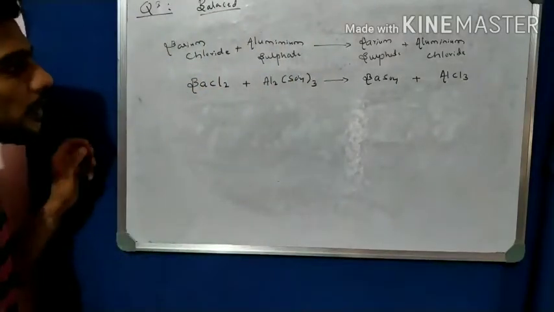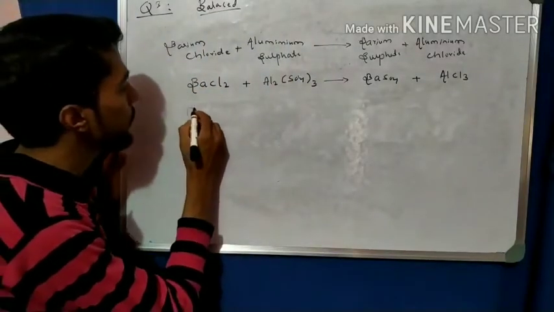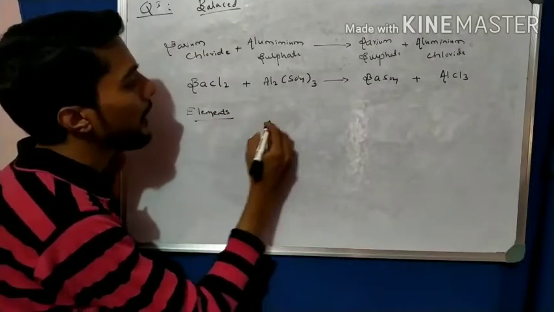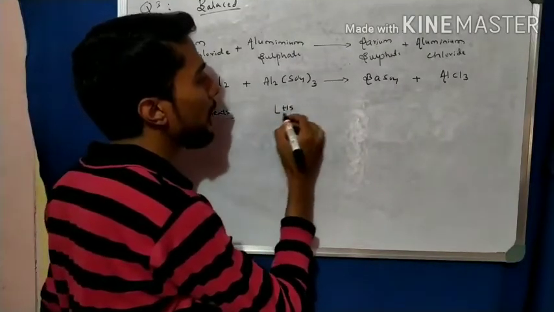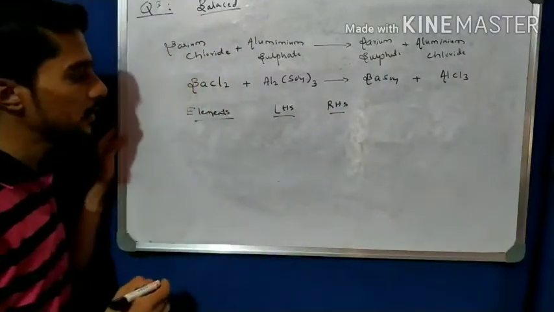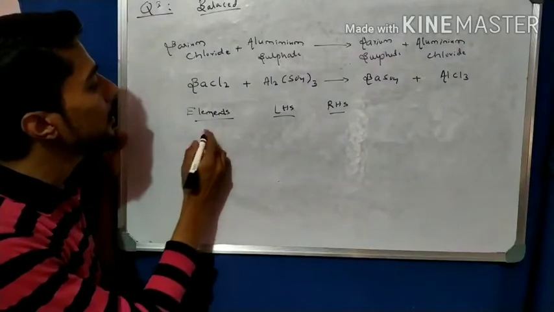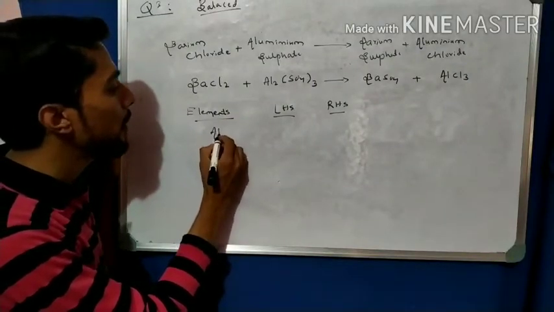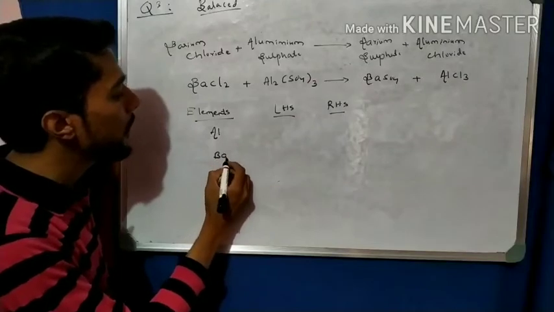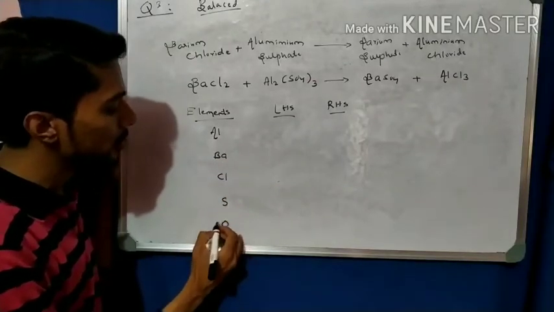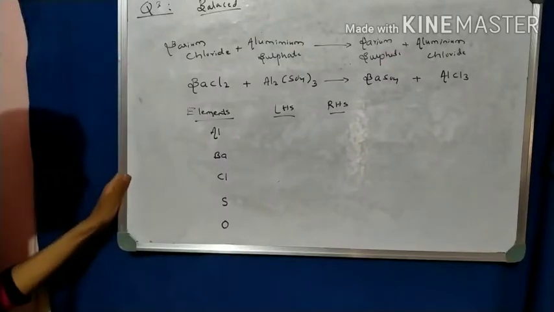Now the first method is to take the elements, and take LHS side and RHS side. What elements are present? First aluminium, then Ba, then chlorine, then sulfur, and last oxygen. These are the elements present in this reaction.